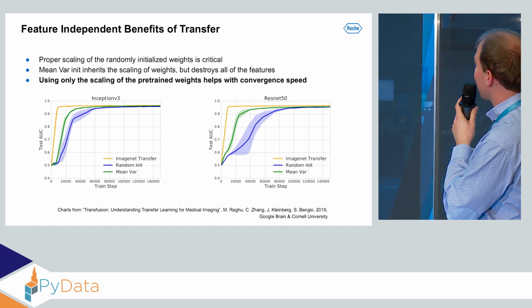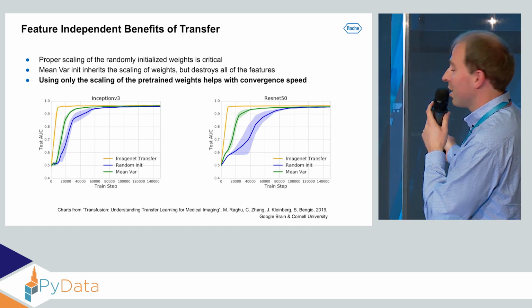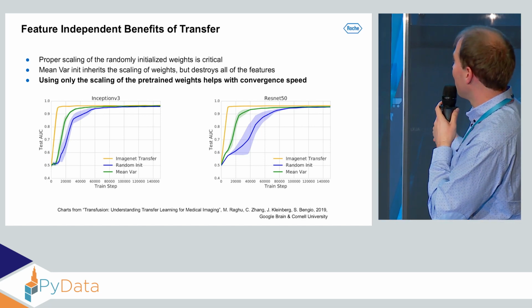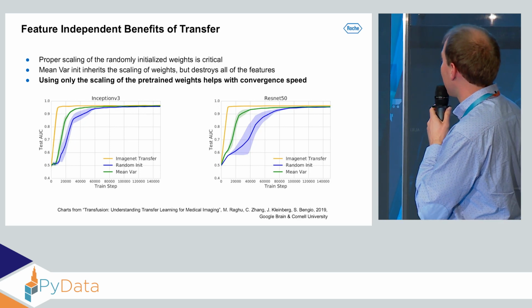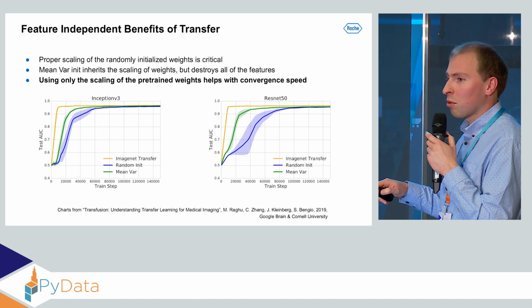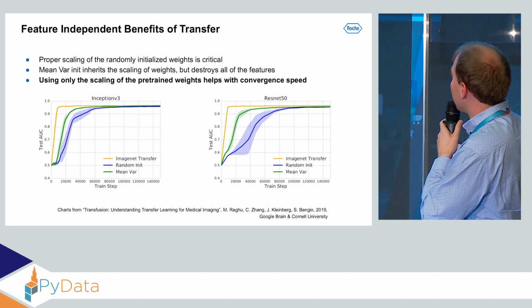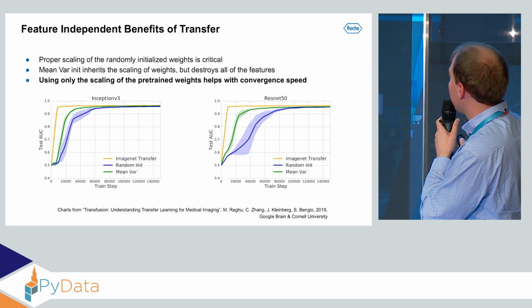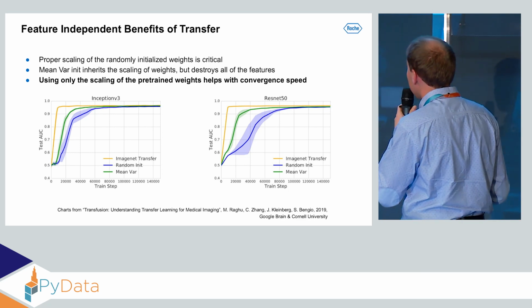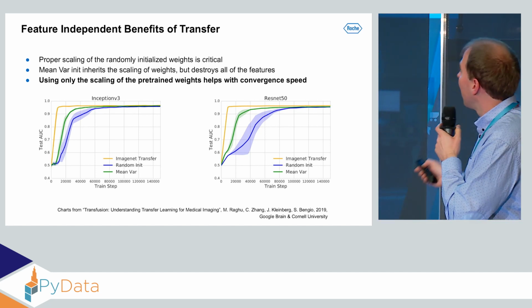In these charts, we can see the validation performance depending on the train step. The blue line represents training from scratch, from random initialization. The orange line represents the same, but the network was initialized with ImageNet weights.